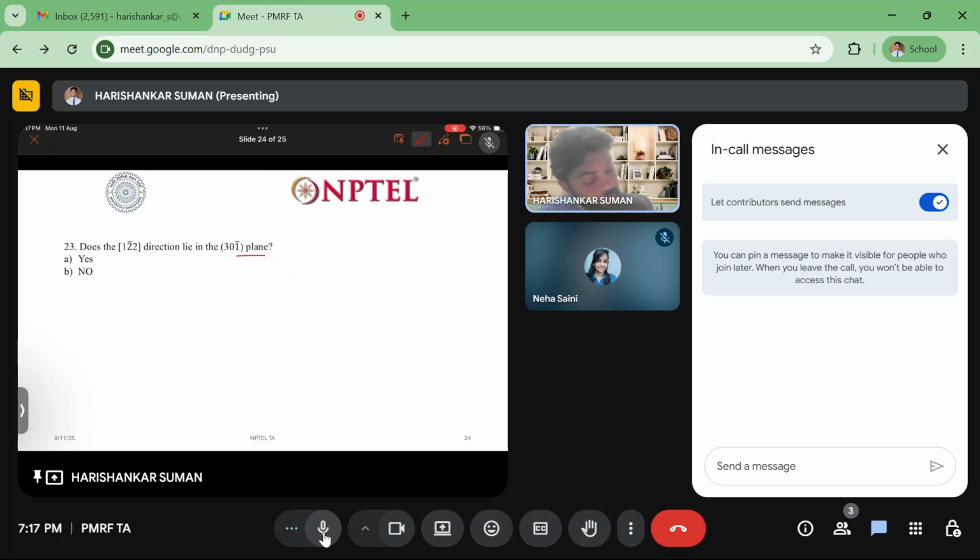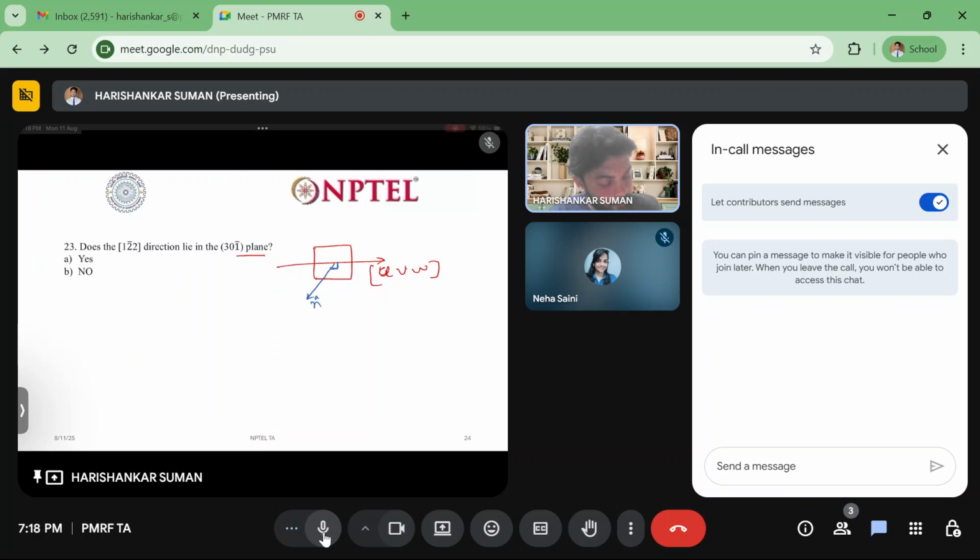Let's say this is the plane and the direction also lies in this. UVW and the normal of this plane will make 90 degrees, the HKL plane.